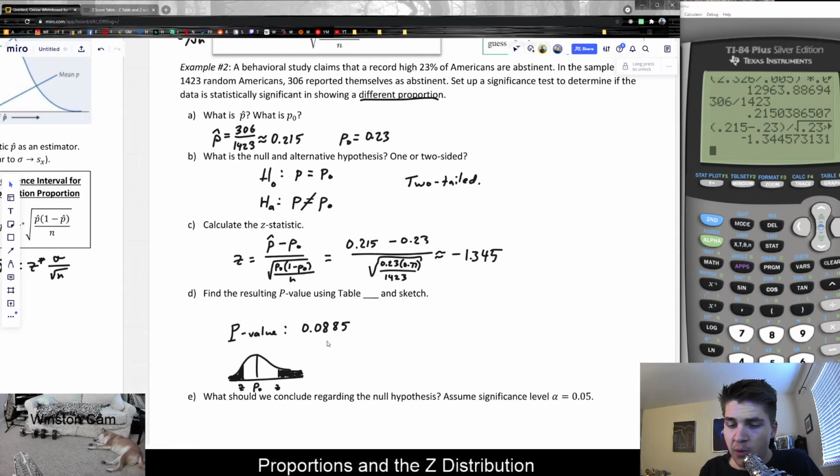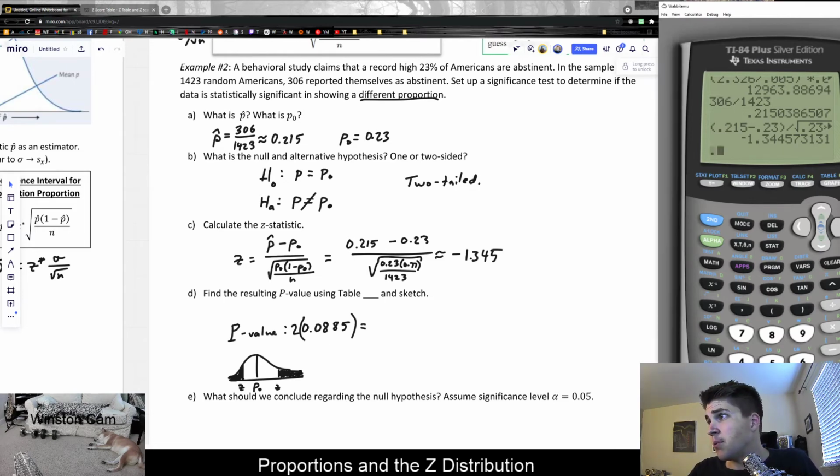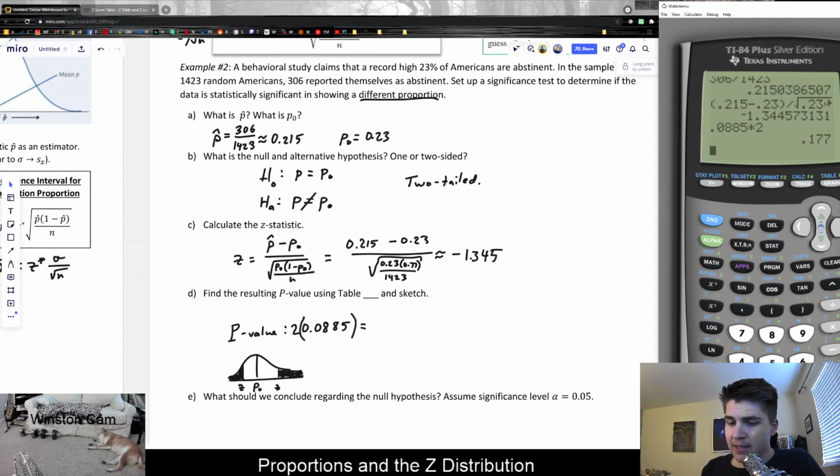So remember, you want to double that answer when you're dealing with a two-sided test from the Z table. And so if I double 0.0885 times 2, that would give me approximately 17.8%. Or again, usually we write it as a decimal, so 0.177 is the p-value we care about.